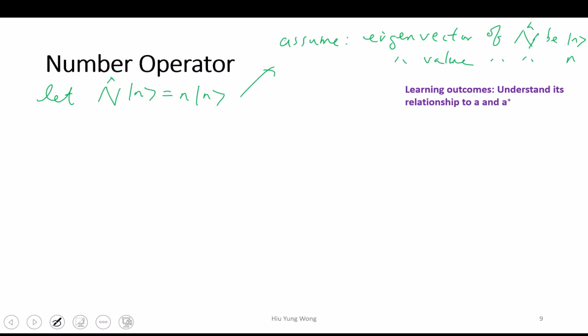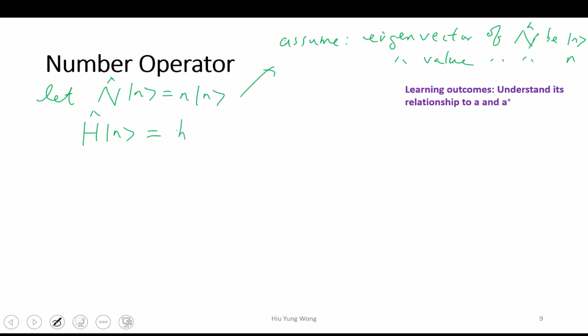It turns out n has some physical meaning, but I call it n. Is that okay? So if this is the case, I apply the Hamiltonian to the eigenvector of the operator. What does it mean? You try to say, what is the energy of this state when you have n particles?